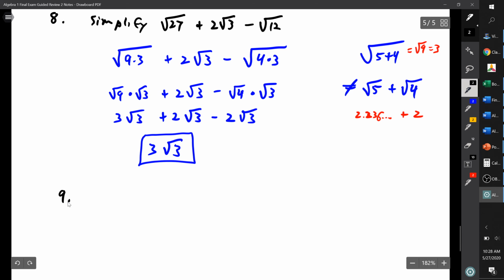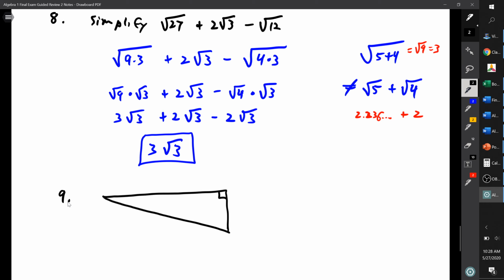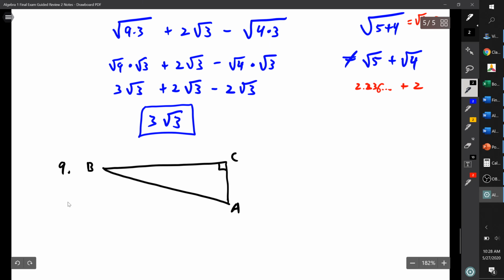Number 9, we have this triangle. Here's our triangle. Right triangle. We know that this is A, this is B, and this is C. Sorry, that's slightly crooked. We know that this is 10, this is 14, and this is 4 root 6.